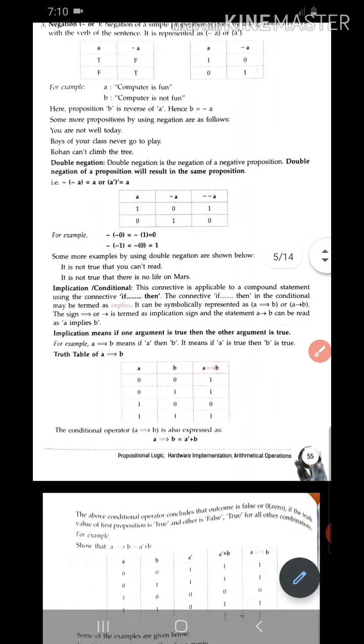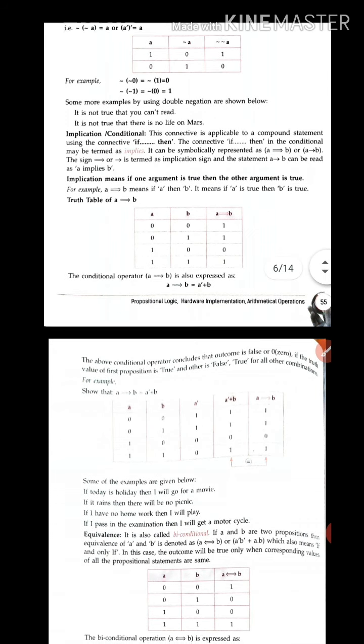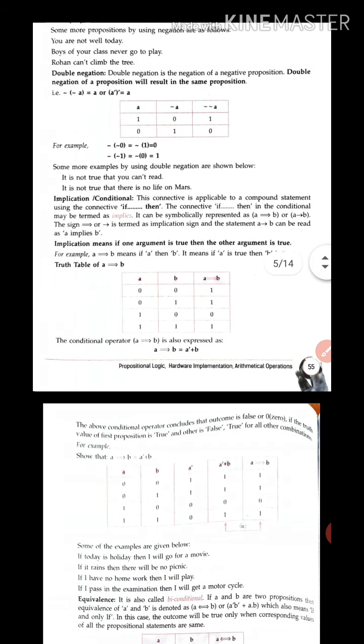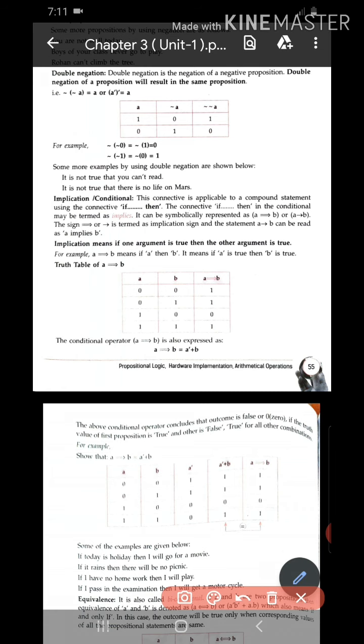And then see the next one, what we are having: implication and condition. Implication and condition we are having as connectives. In this, we have to use if then. It is termed as implies.